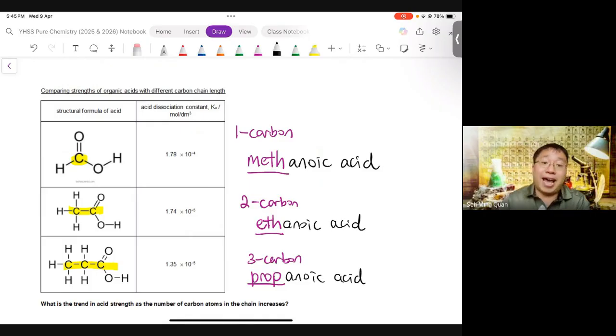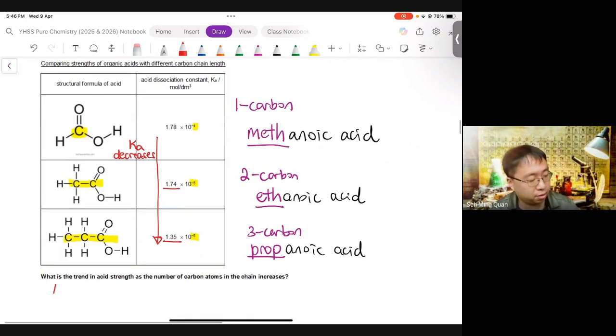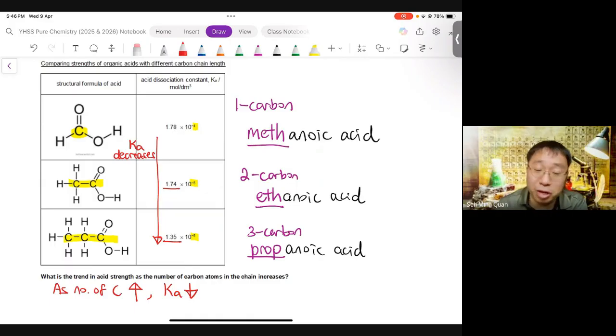So as you have more atoms of carbon, what happens to Ka? So we can take a look. Again, focus on the power, please. At first, it's 10 to the power -4, then -5, -5. You can see the value next, 1.74, 1.35. So you can see that Ka decreases. As the chain length increases, as the number of carbon increases, the Ka decreases.